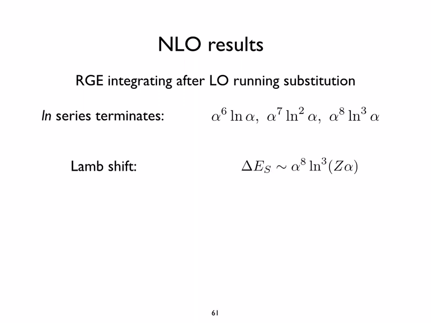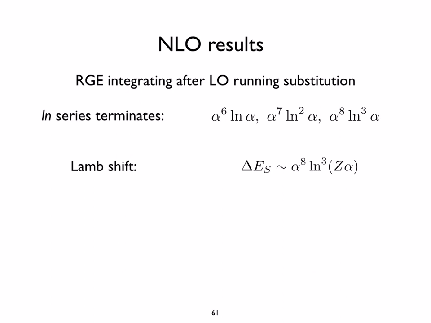With this series we can predict the coefficient of, for example, the alpha to the 8th log cubed alpha term in the Lamb shift, also with account of all recoil corrections, which was very difficult to do without the renormalization group equation.